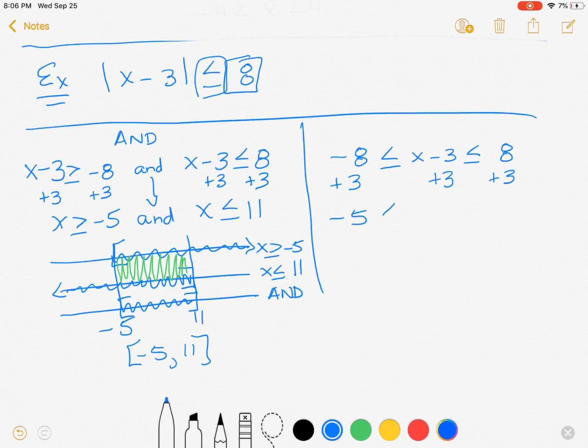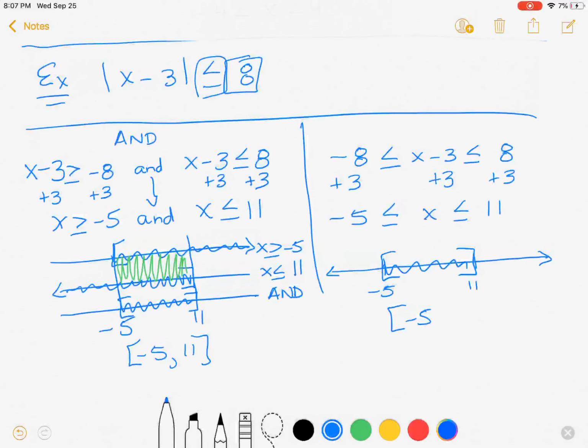I'm going to get negative 5 less than or equal to x less than or equal to 11. Now, I really only have to set up one number line. So I have negative 5 to 11 with brackets on each end.